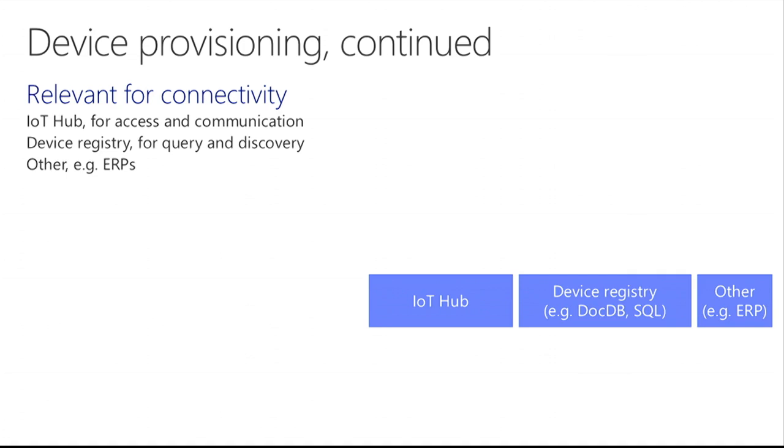And there are basically two main components. One is the IoT Hub that is used for access and communication. The other one is the device registry that is used for querying and discovering your devices based on application-specific parameters. Think about the specific plant ID of a wind turbine or region or model number, and so forth.